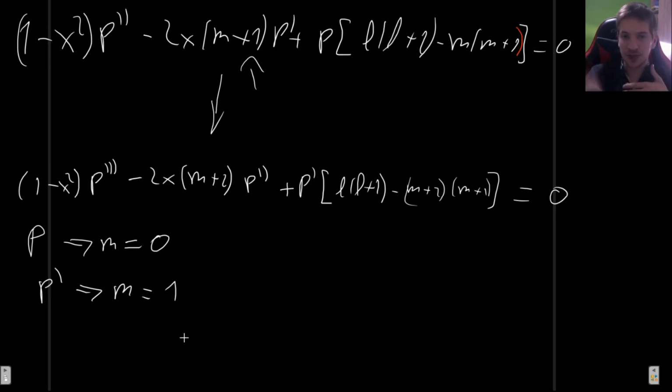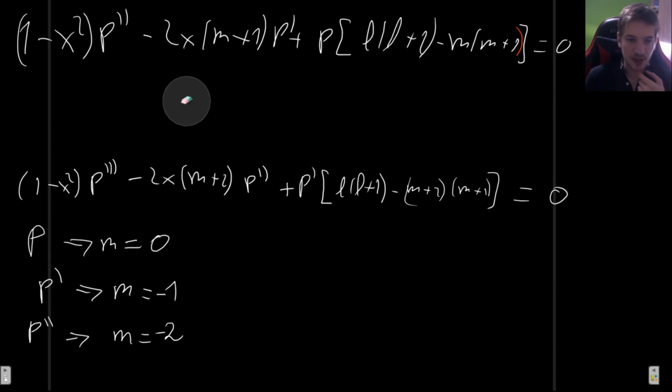And by the same procedure, you can go ahead and take the derivative again if you want, and you will see that p double prime is going to be the solution when m is equal to 2. And you can also see that it's going to be the solution as well if this is minus 1 or minus 2. And you can go ahead and show that by induction if you want, but you can just see in this procedure that that's the way it is working.